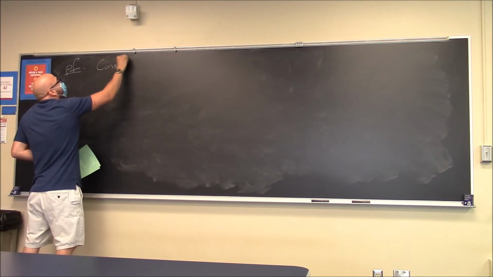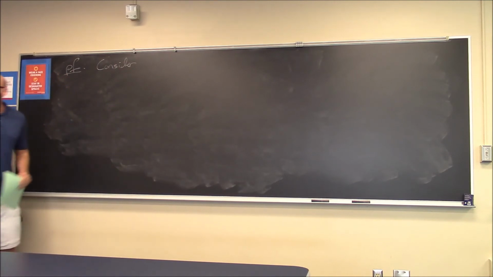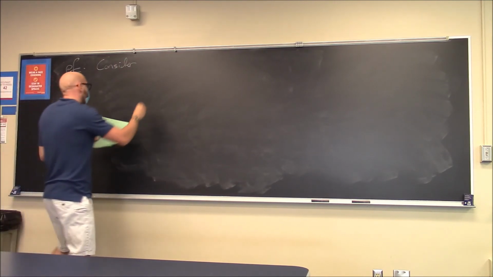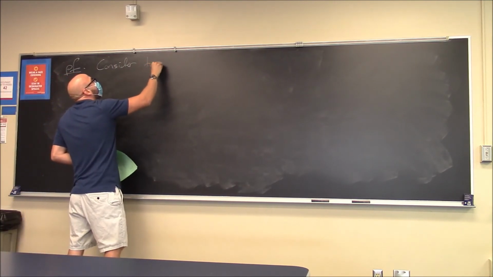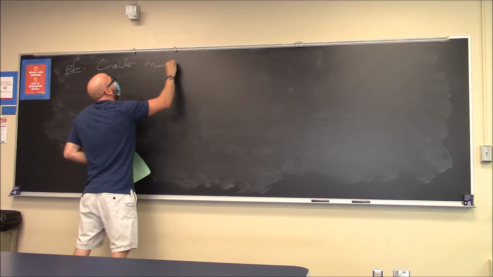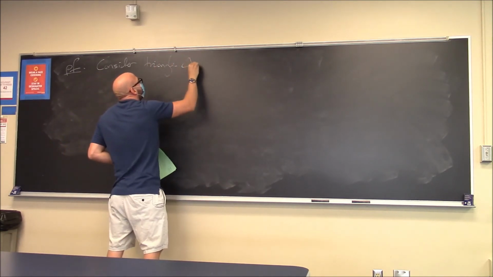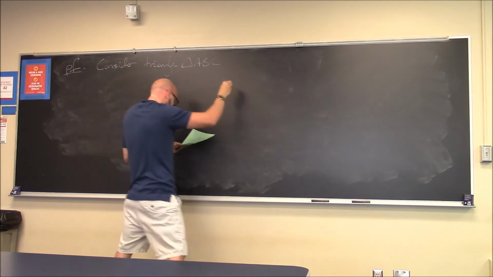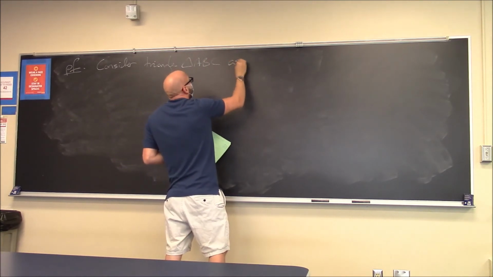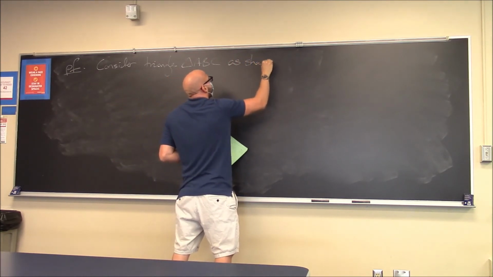So again, I'm just going to write down my labeling scheme and everything. Consider triangle ABC as shown. I'll draw a picture in a second.